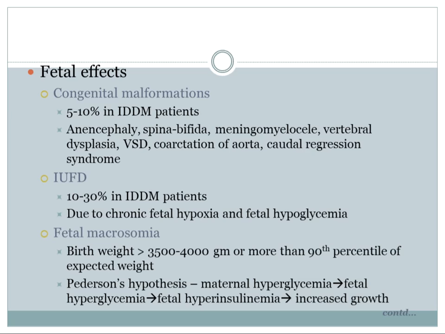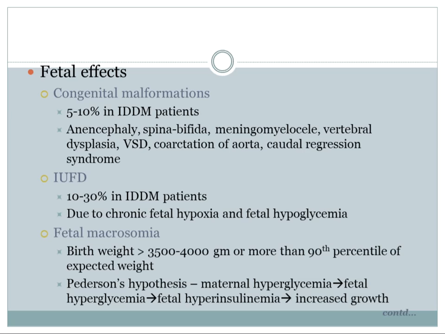It has been seen that this exposure of the growing embryo to this hyperglycemic environment is what is predisposing for the development of malformations. You all know organogenesis occurs in the first 3 months of pregnancy. From the second trimester, whatever organs are formed are growing in size. So at the period of organogenesis, the presence of hyperglycemia causes increased malformations.